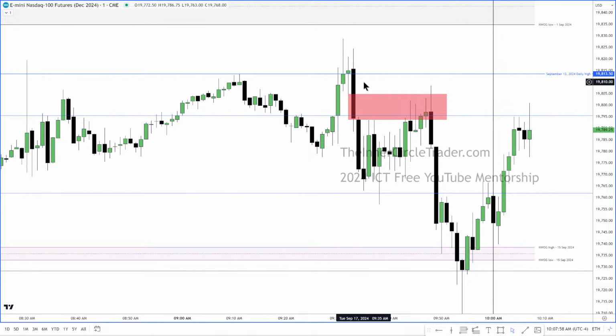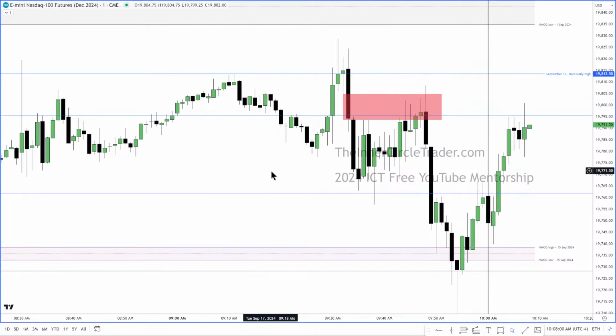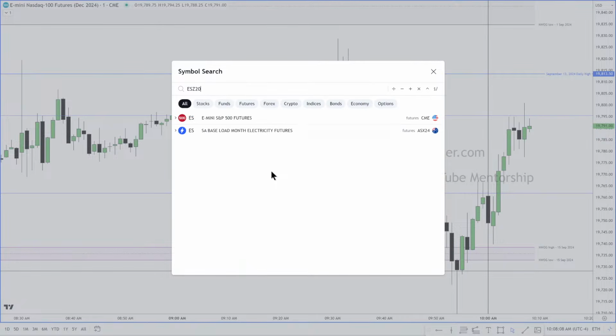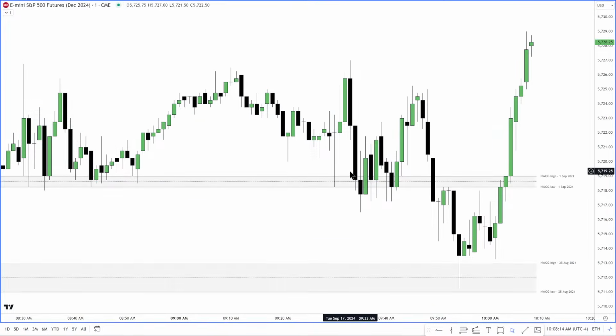So if I'm bearish, since I'm actively trading the NASDAQ, I would look at the E-mini S&P by comparison, and we are in the December contract. We're not looking at the September contract anymore. Do you see the SMT divergence?